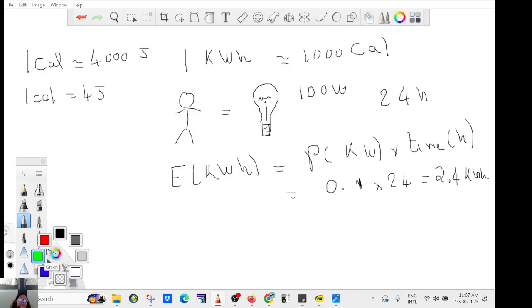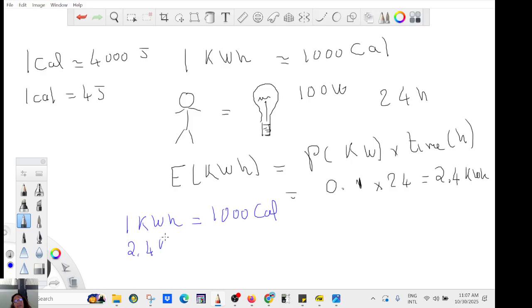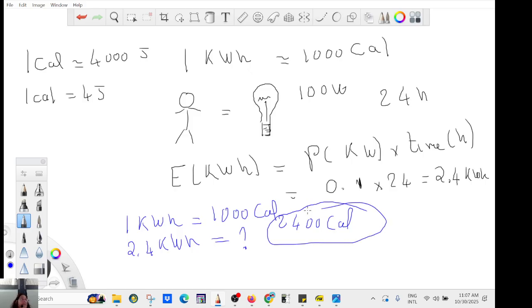Okay. And you know that 1 kilowatt hour is about 1,000 food calories. So 2.4 kilowatt hour is how many calories? Right, isn't that interesting? That's what they tell you. Of course, that's about average. If you have insulin resistance, it's gonna be less, 1,500 calories.